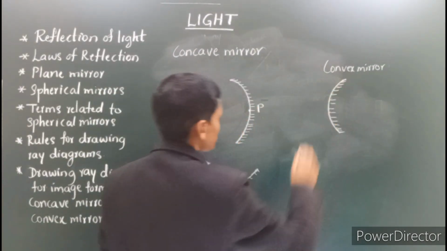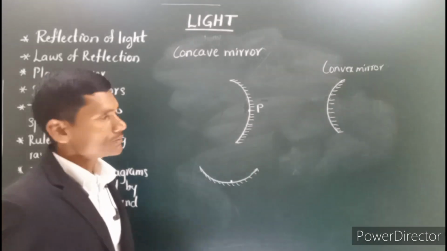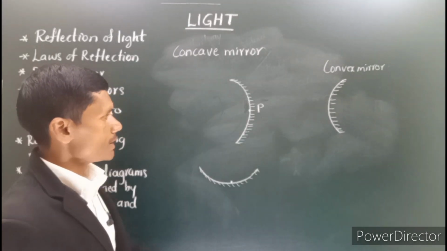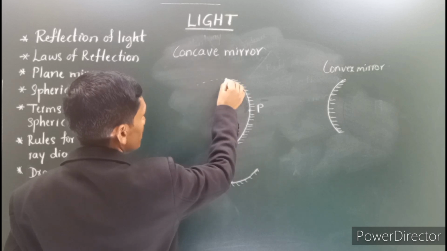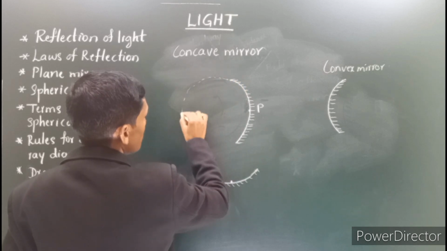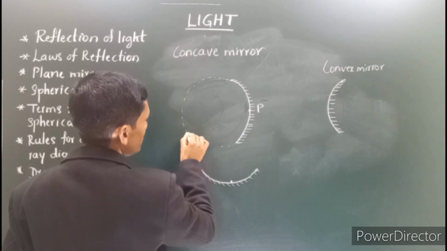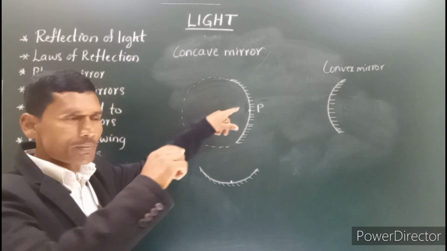This is the convex mirror. Now you see, this is part of a sphere, right? This concave mirror is part of a sphere. If you extend this curved line in the form of a sphere, you are getting a sphere, right? Then this concave mirror is a part of a sphere.